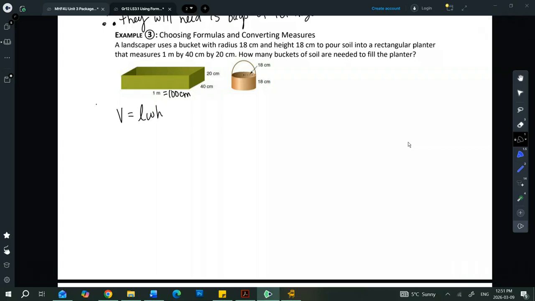Okay, so let's calculate the volume of the planter using that formula. So this is volume of anything that's cubed or rectangular, a 3D rectangular prism, I think we call it. Okay, so length, 100 centimeters, width or depth can be 40, and then height is 20.